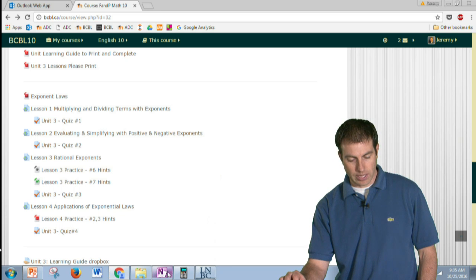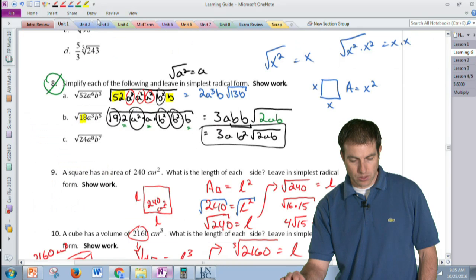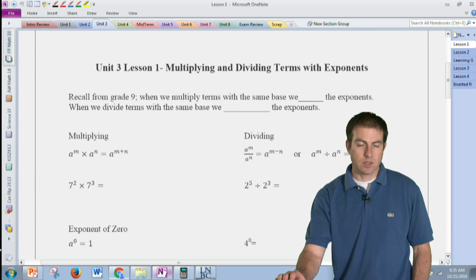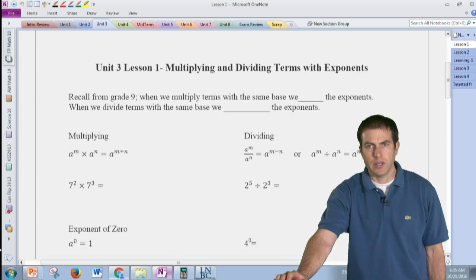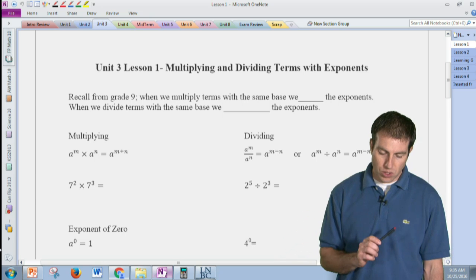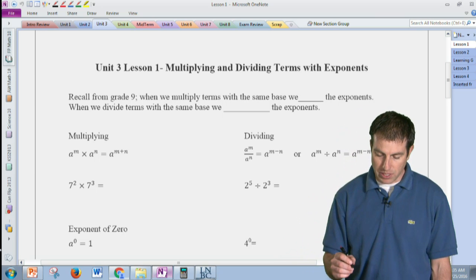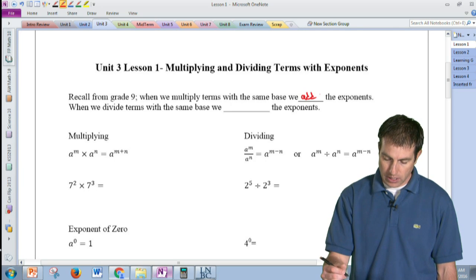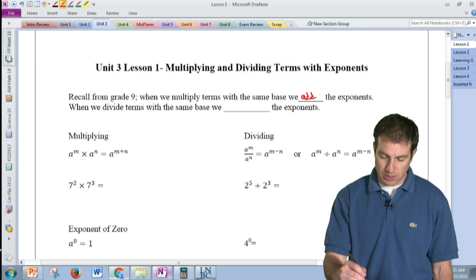Let's have a look at Unit 3. Multiplying and dividing terms with exponents. This is lesson 1, Unit 3. I just showed you where to find that. Recall from grade 9 that when we multiply terms with the same base, we add the exponents. When we divide terms with the same base, we subtract.